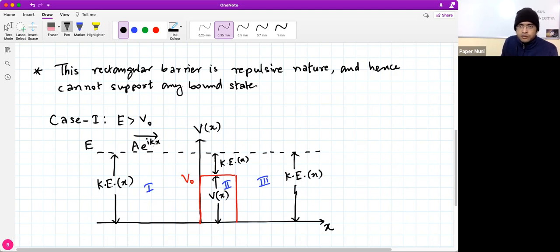So I will skip that. So this is the incident wave, e to the power i kx. So this is moving forward. Now this is the solution which we had earlier. Now there's another component which will be moving this way, which is b, with a minus sign, so e to the power minus i kx. All right, so this part is clear as we had in the earlier case.